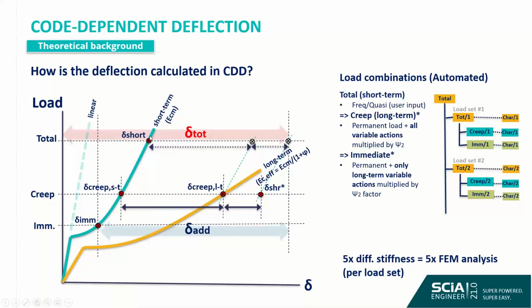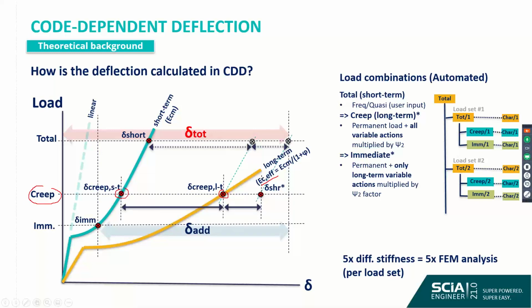So first, we need to calculate the short-term deflection, which is calculated on some assumed load level, we call it total. Then we have long-term effects, the creep, where we need to calculate the creep for the long-term cross-section, including the cracks, and with the effective modulus of elasticity.